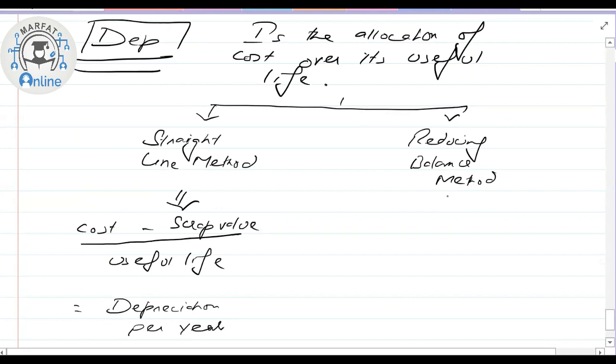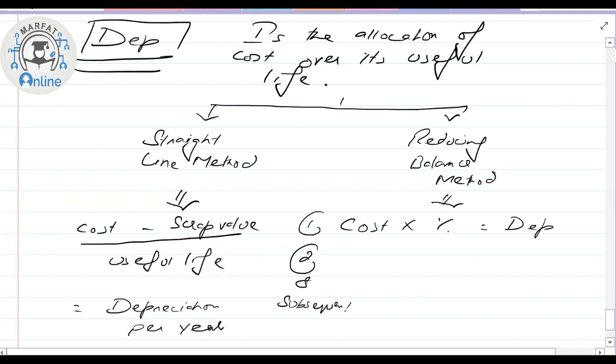In the reducing balance method, what we do is take cost and multiply it by the depreciation percentage. It gives you the depreciation. This is the first year. In the second and subsequent years, we take net book value, which is the carrying value.